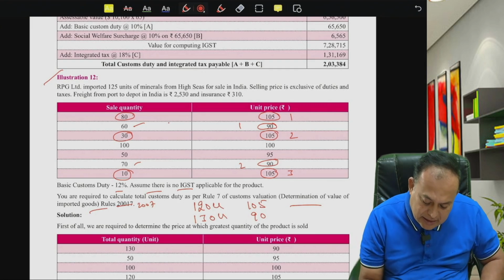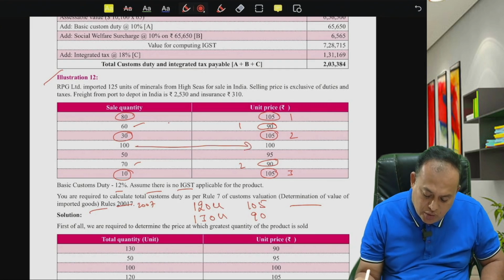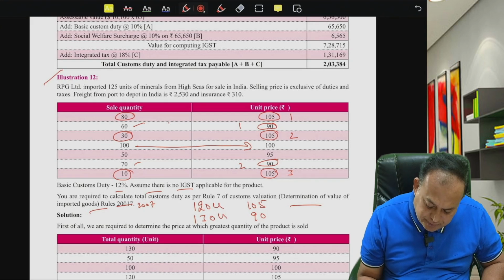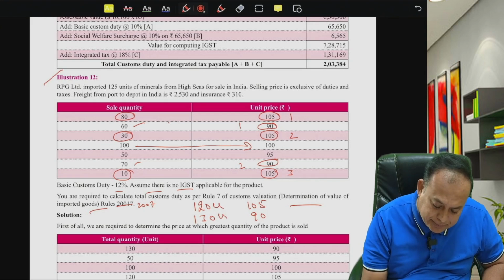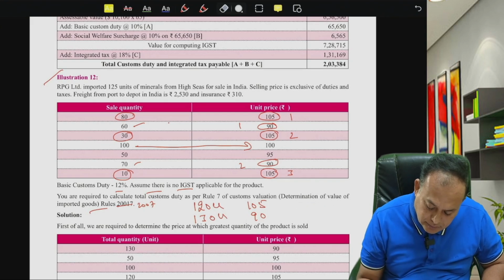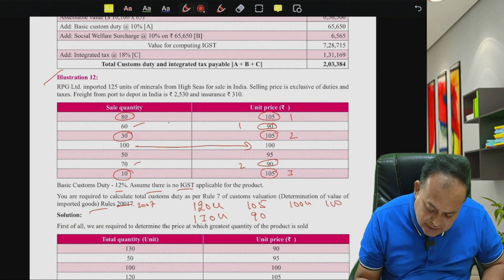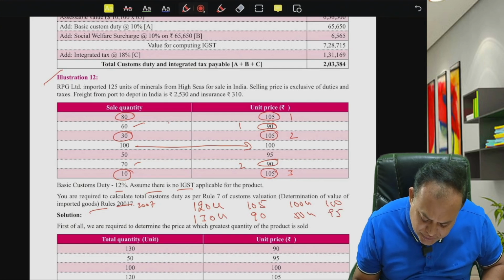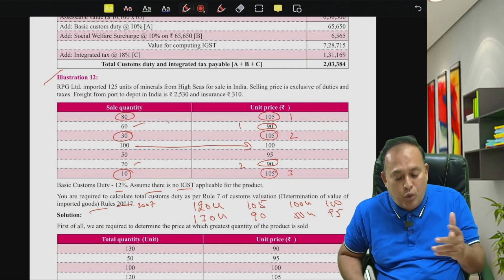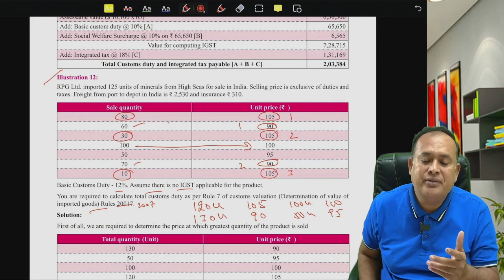Thereafter 100 appeared only one time, so 100 units at 100 rupees. Thereafter 50 units at 95 rupees.